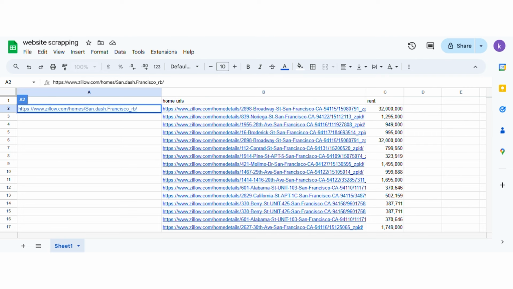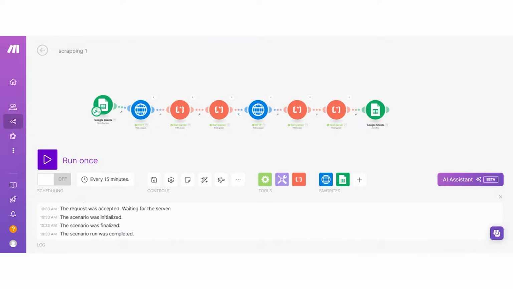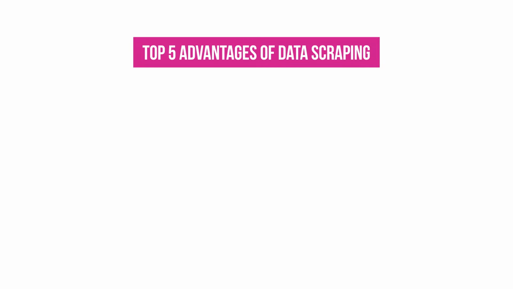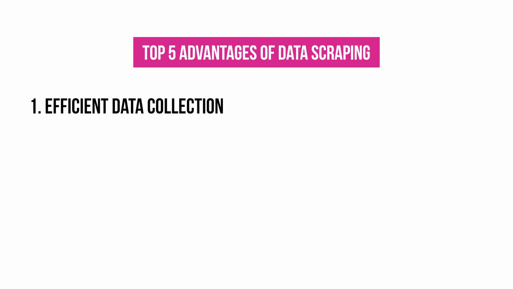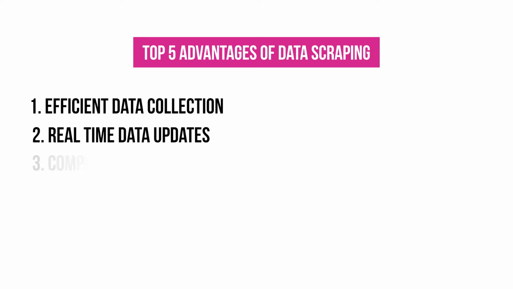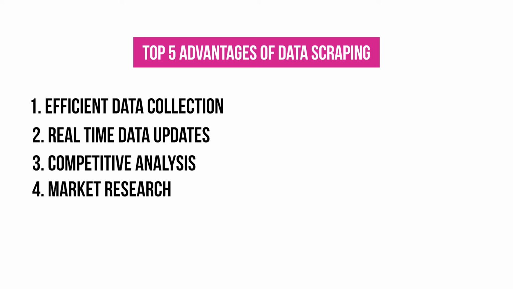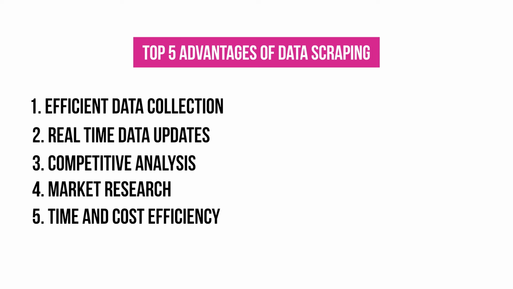This process helps us reduce the time required for analysis, as scraped data is stored in an easily accessible manner. So scraping a website has different advantages, and among the top 5 are that we can efficiently collect the data and have real-time data updates. We can also analyze our competitors, do market research, and gain time and cost efficiency, etc.